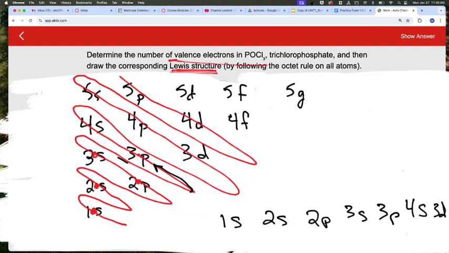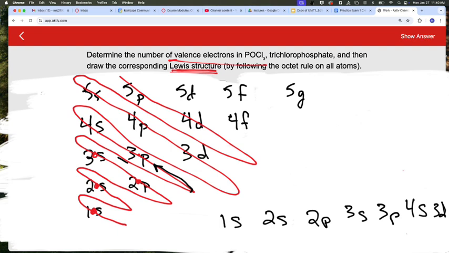And we should be at Ar. Hopefully we know Ar is argon. So we'll walk through. 1, 2, 3, and then we said 6. So 1, 2, 3, 4, 5, 6. We're at argon.